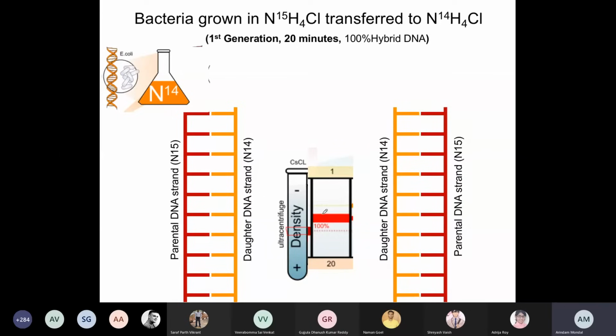And because it is hybrid DNA, in terms of the molecular weight, it should be lesser than the parental DNA. As a result of that, it will be penetrating lesser. Okay.